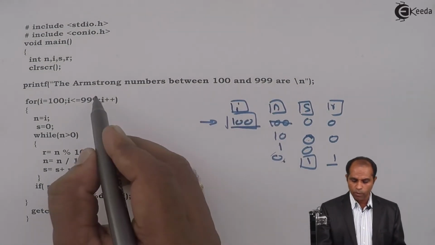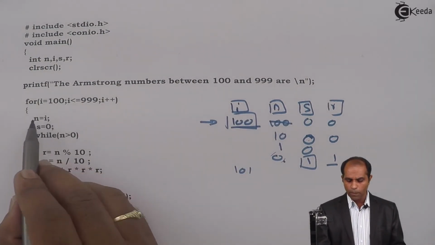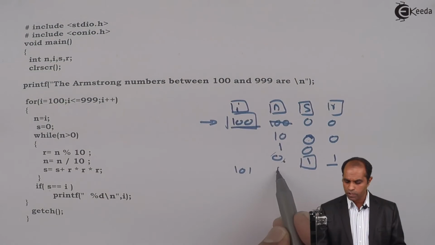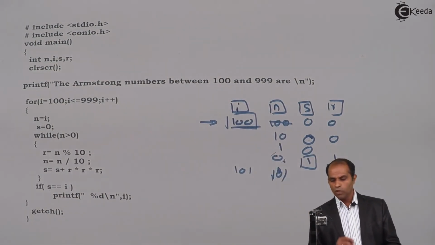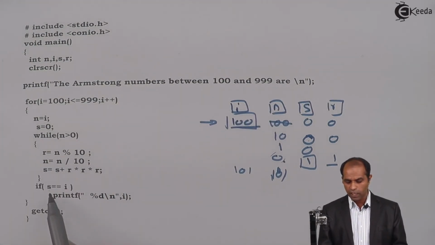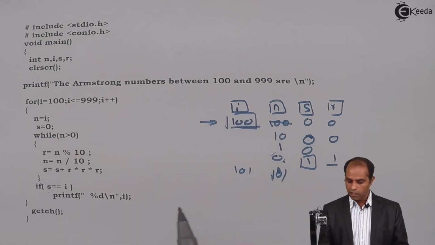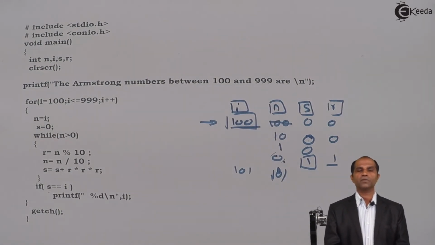Similarly, this curly bracket will go back and do it for 101. So 101 is copied onto n, then again all the operations are repeated. All these operations will help us find the sum of the cubes of the digits, and then I'll compare that s with i. If the value of s matches i, in that case it will display that particular i. If the value doesn't match, it will not do any operation. Go back and keep on testing for the next value of i.